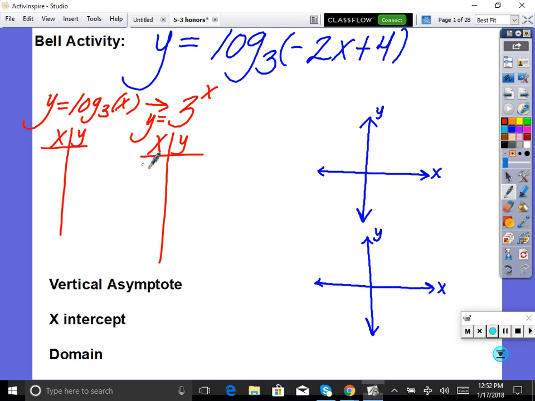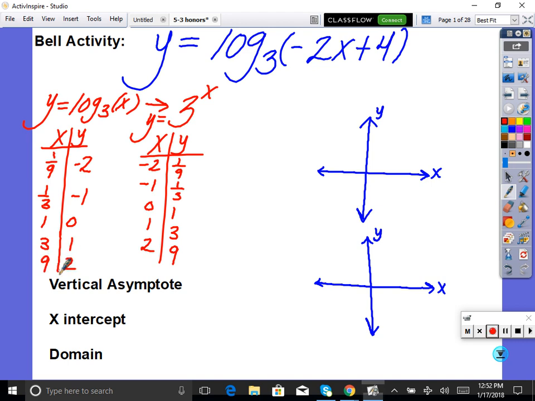Let's plug in a couple values, like about that many. So we would have 3 to the negative 2, which is 1/9, 1/3, 1, 3, 9. Those are the points for the exponential. We want it for the logarithm, so switch them. So we would get (1/9, -2), (1/3, -1), (1, 0), (3, 1), and (9, 2).